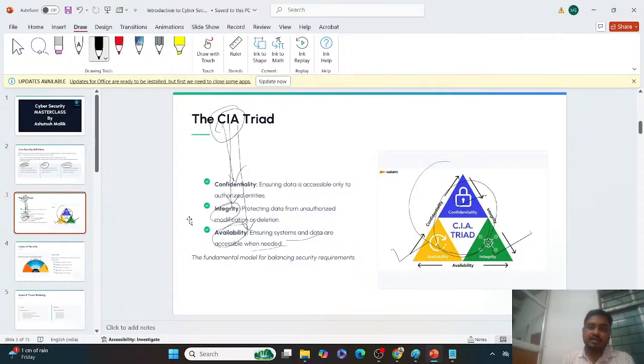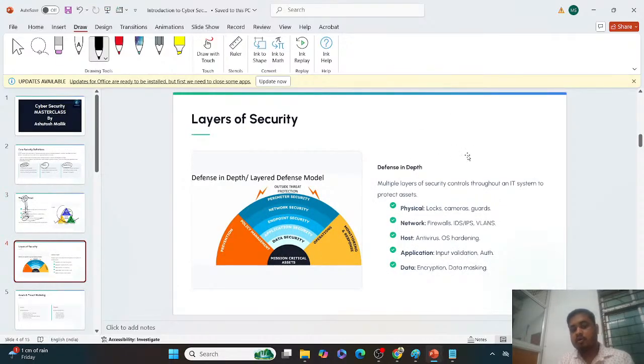In between some theory classes I will put some practical classes, practical classes of ethical hacking, or you can say cyber security. Some fundamental practical sessions I will conduct in this cyber security master class. So regularly attend the classes so that you can know all these things.